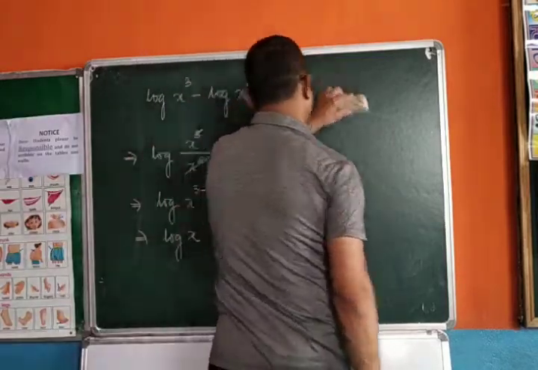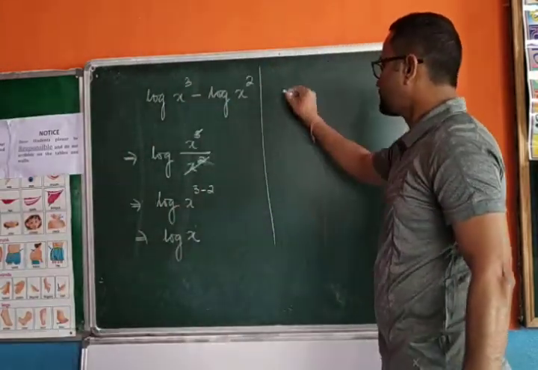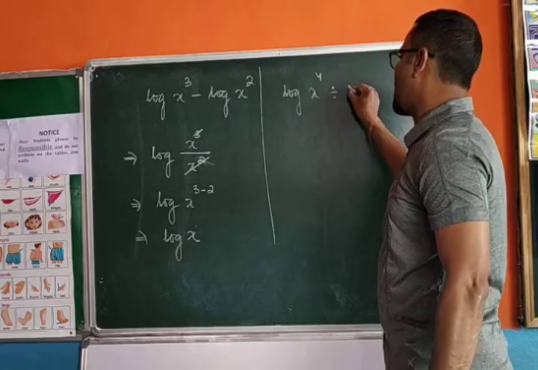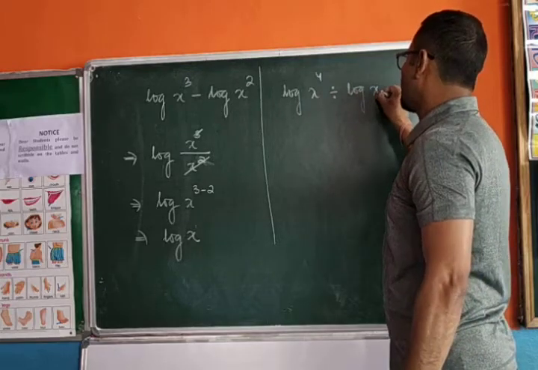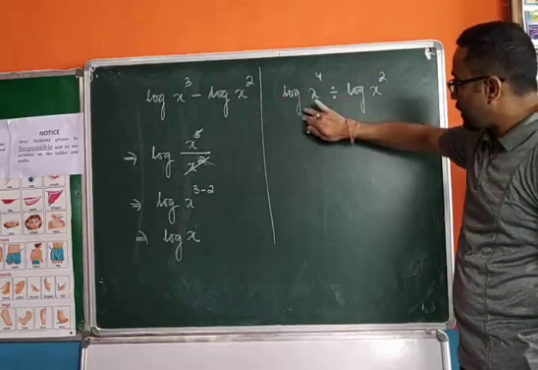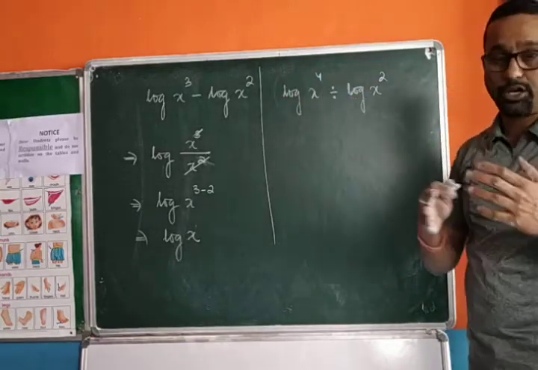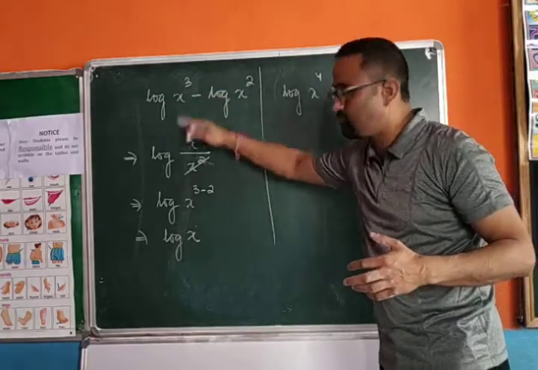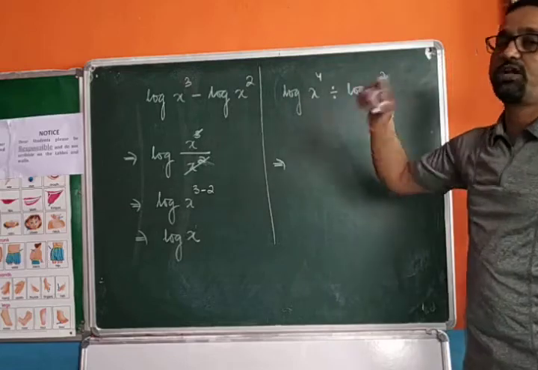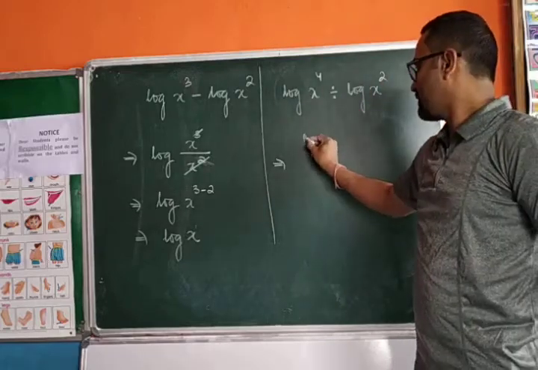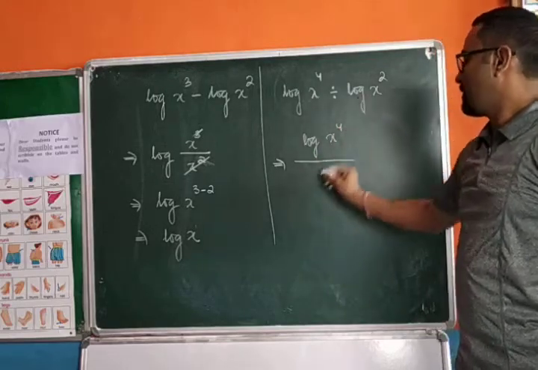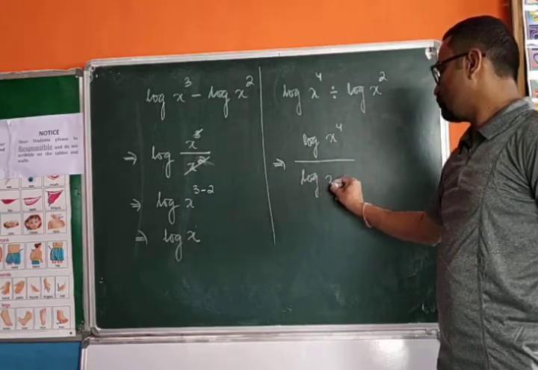Similarly, suppose you get a question like this. Log x to the power of 4, division sign, log x to the power of 2. This entire log is divided by the second log. You cannot use the formula here. So what do we do? We take this one to the numerator. Log x to the power of 4 over log x to the power of 2.